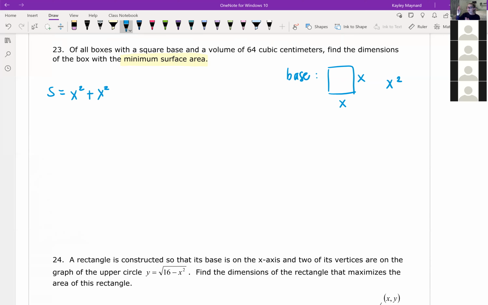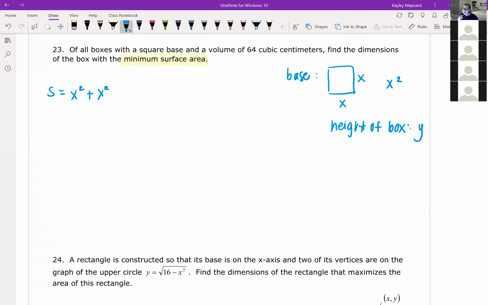So we're going to call the height of the box y. I really wish I could draw this nicely. But anyways, the height of the box, I'm going to call y.